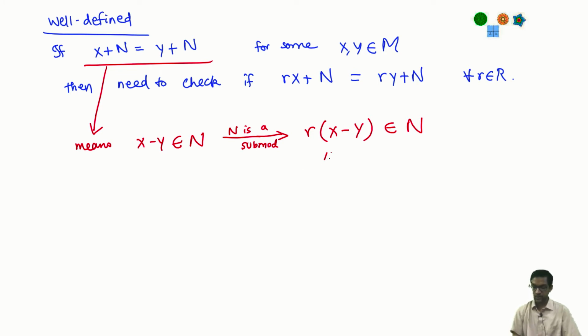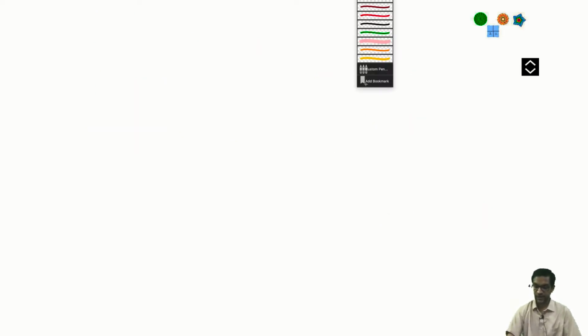Now we use the axioms of modules. The second axiom says that r times (x minus y) is the same as r acting on x minus r acting on y. So this says rx minus ry is in N, and of course this just means that the two cosets rx plus N and ry plus N are the same. So that completes the verification that this definition is actually well defined.